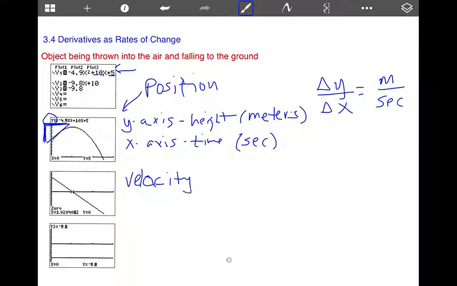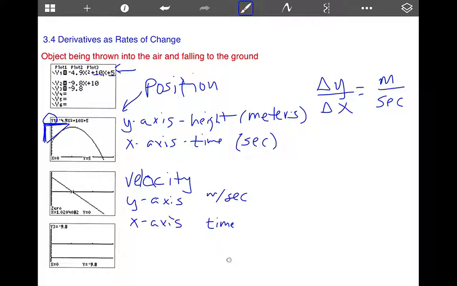The velocity is the derivative of my position. Now this has a y-axis of meters per second, and my x-axis is still in time.